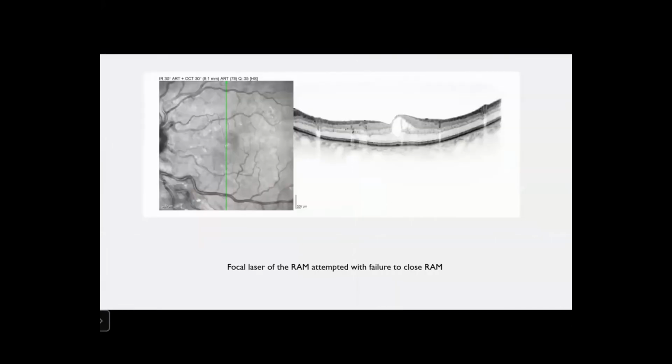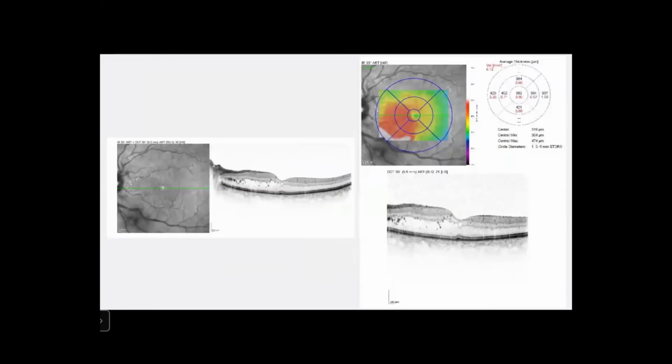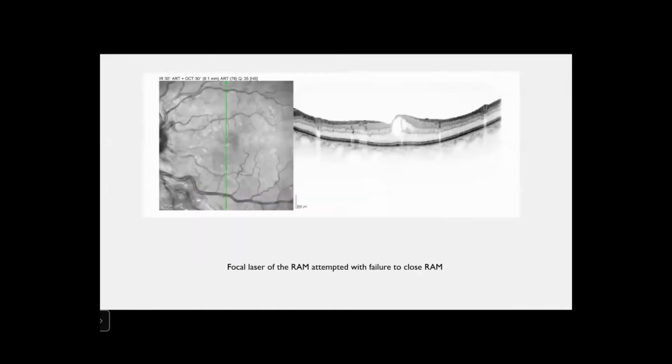So the plan was to do some laser treatment. And if you look at the infrared reflectance, if you look at the infratemporal artery, you can see there's this hyperreflective lesion, which is the macroaneurysm, leading to this infratemporal area of macular swelling.